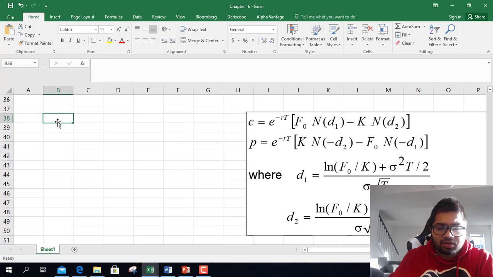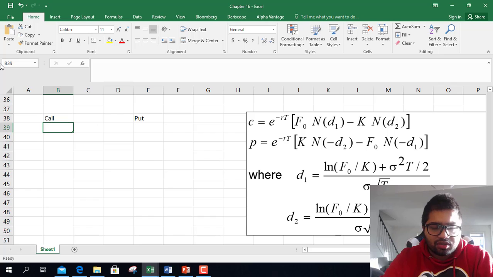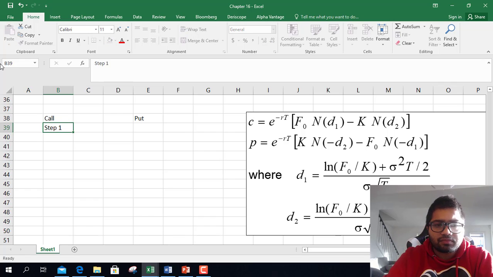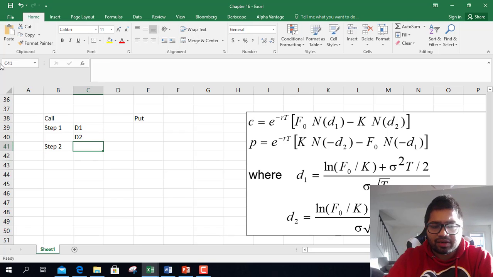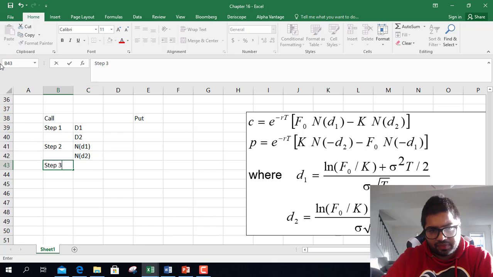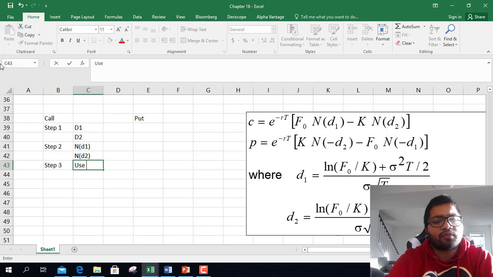Okay. So I'll write down the steps first for call and for put, and then we'll do problems. Step 1, calculate D1 and D2. Step 2, calculate the normal distribution of D1 and the normal distribution of D2. Step 3, use the call formula.